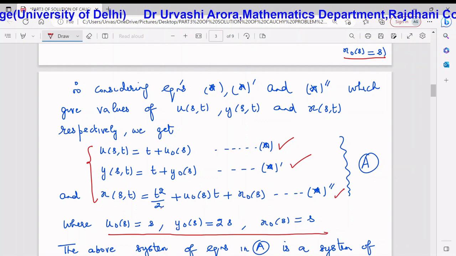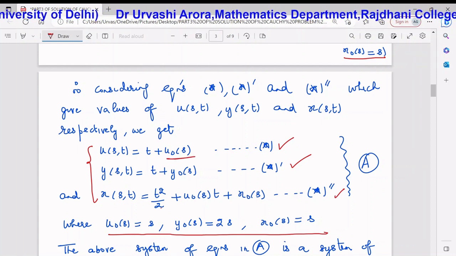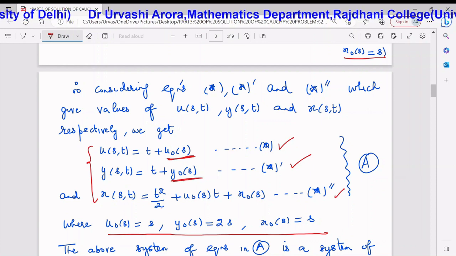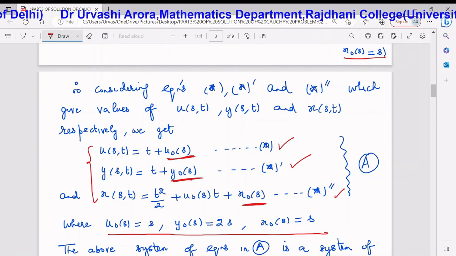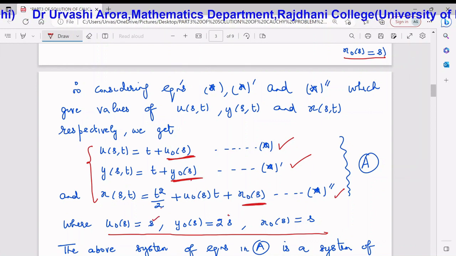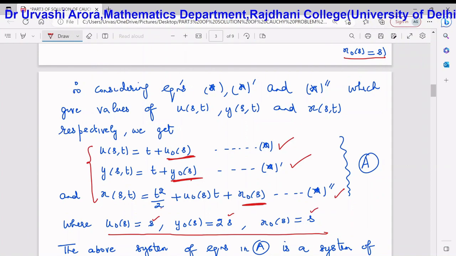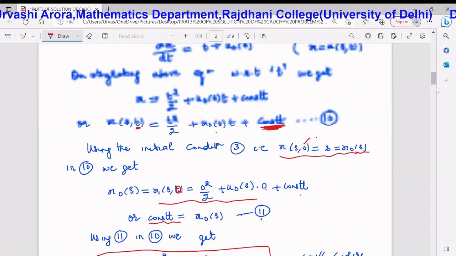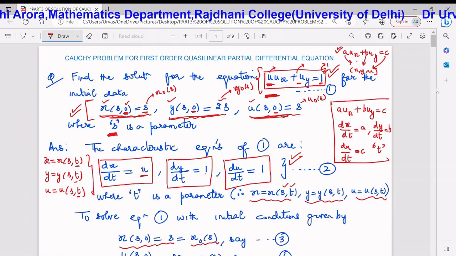Here I have purposely kept u naught s as u naught s, y naught s as y naught s and x naught s as x naught s, although we know their values. But this is the way you have to proceed in every question. Let me go back to the beginning.